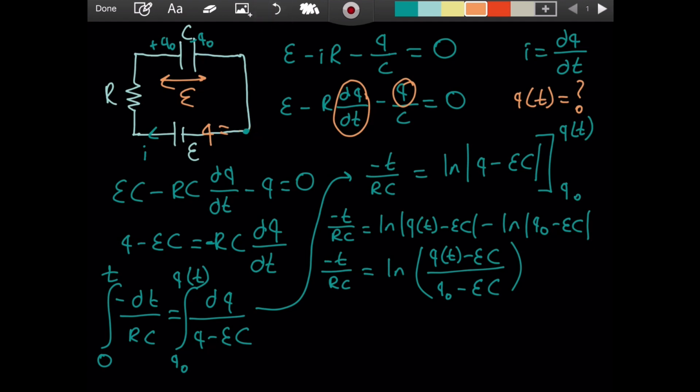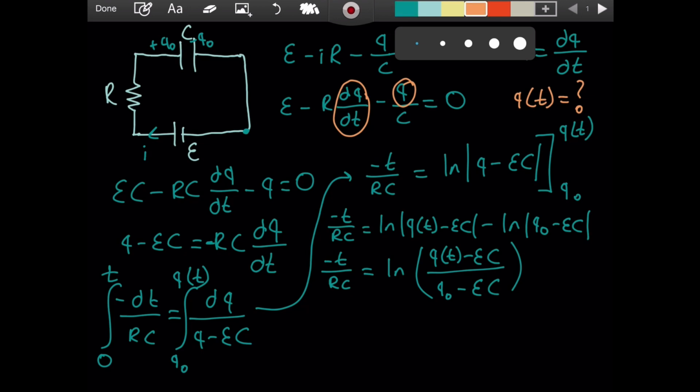That's why it is the maximum charge on the capacitor. Which means that this is either 0 or negative. And clearly this is negative. So we have the division of two negative numbers, which is just positive, which means we can get rid of the absolute value because the absolute value of a positive number is the number itself.